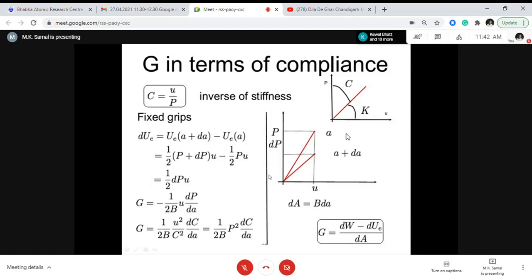So a longer crack means lesser stiffness and more compliance. So when the crack grows from A to A plus delta A, compliance increases and stiffness decreases. By knowing how the compliance value changes during crack growth, we can find G. That is called the method of compliance.